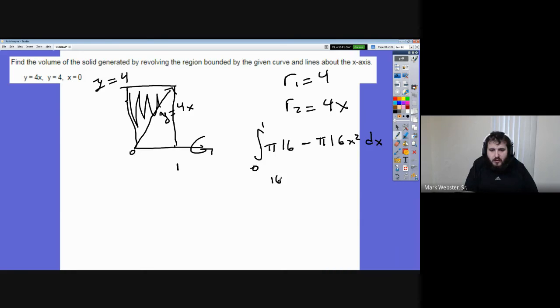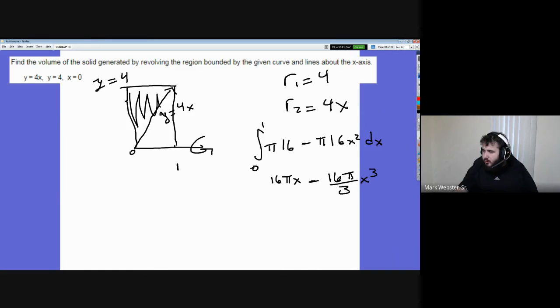So we have 16 pi x minus 16 pi over 3 x cubed. We're going from 0 to 1.